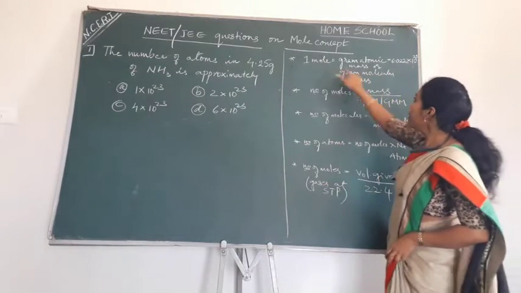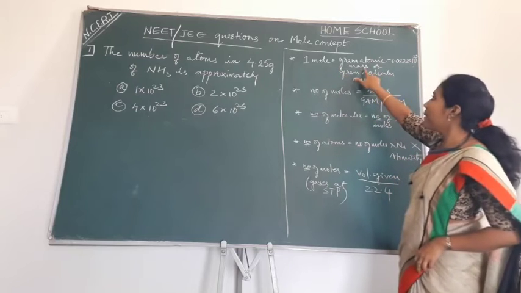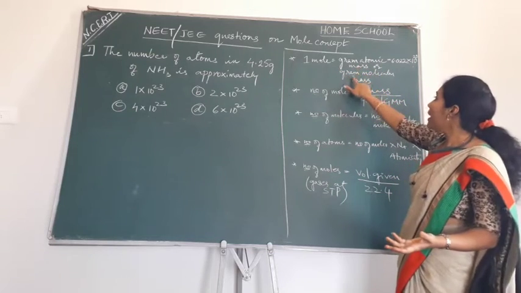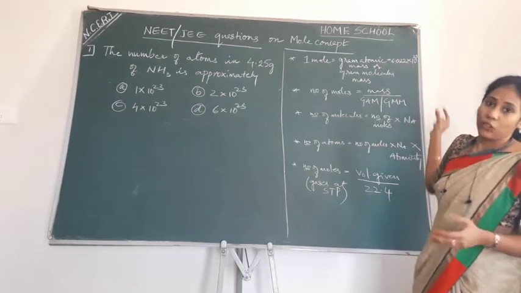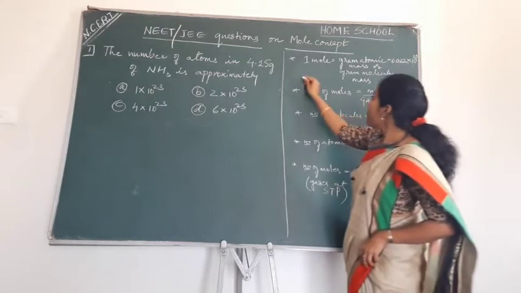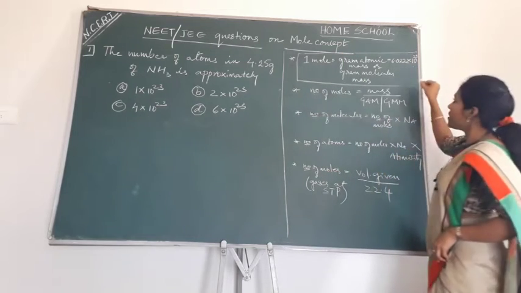So all three factors are equivalent here. 1 mole is equal to the gram atomic mass of any atom or gram molecular mass of any molecule, which is equal to the Avogadro number. This is the famous thing that you should always remember.